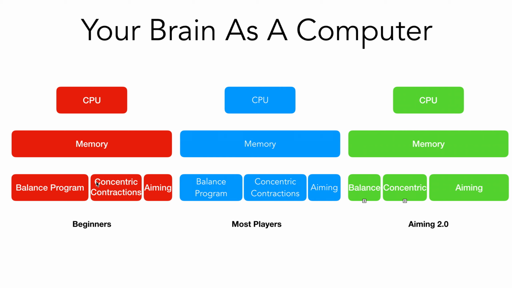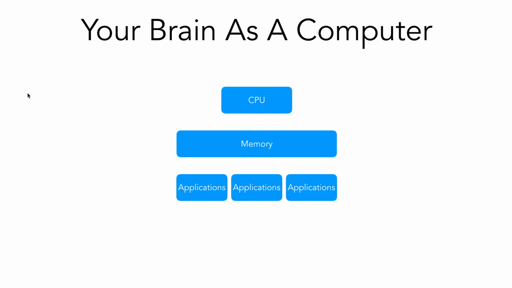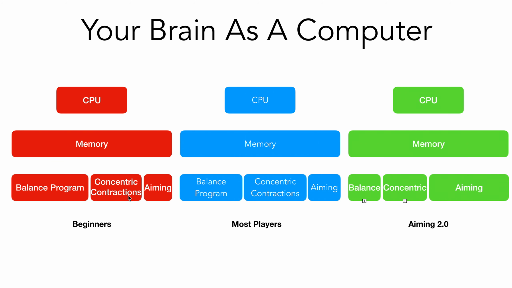So the first thing is, this is where beginners usually are. And they run 3 applications, right? The applications they're running here are called balance, concentric contractions, and aiming. So imagine for every shot, you're running all 3 of these programs at once. Now, beginners start out running a really big balance program.